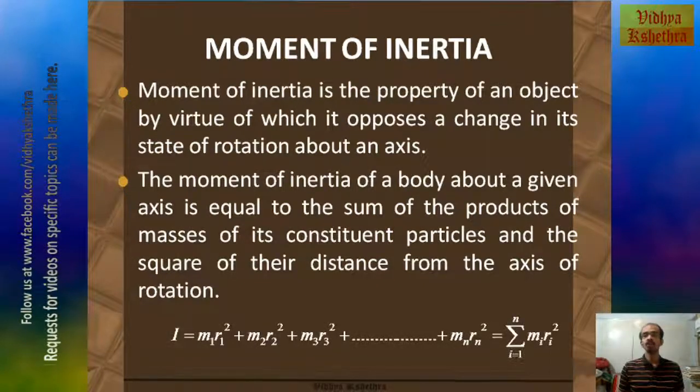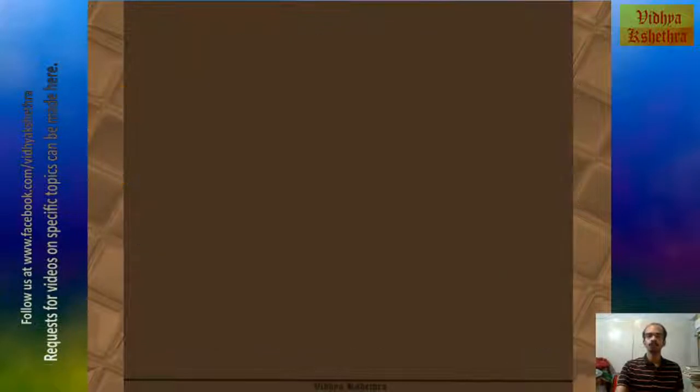Now, moment of inertia I is equal to m1r1 square plus m2r2 square plus m3r3 square plus up to mn rn square, which is the sum of all the moments of inertia of the system of particles. Hence, we can define moment of inertia as I is equal to sigma i equals 1 to n of mi ri square.